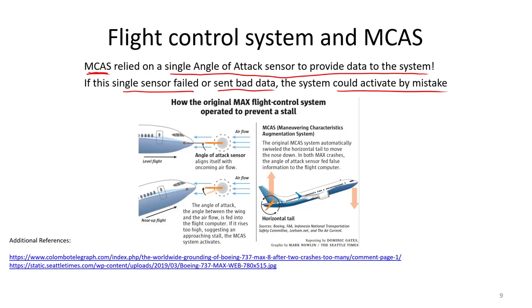And so if you look in these figures from our references, you see that that's likely what caused our planes to crash. Basically, what was happening is that sensor may have caused the MCAS system to trigger by mistake, causing the planes to crash.